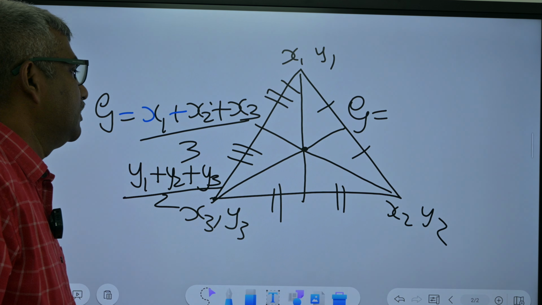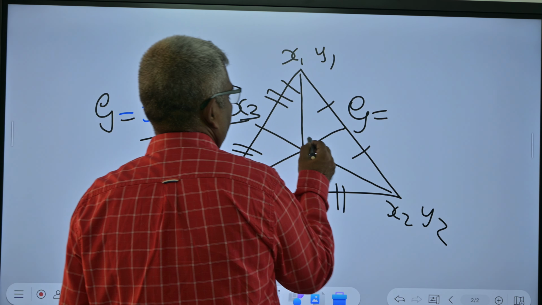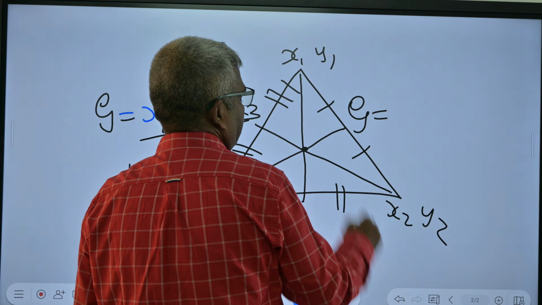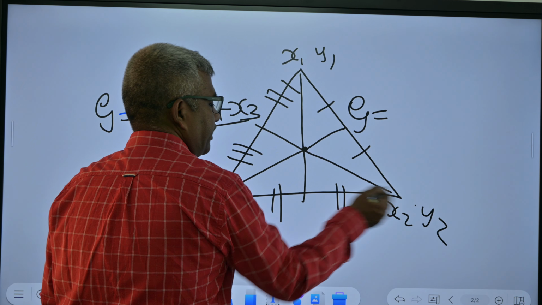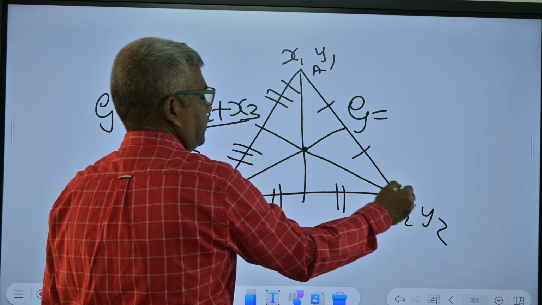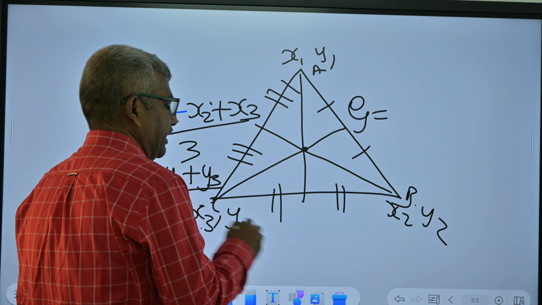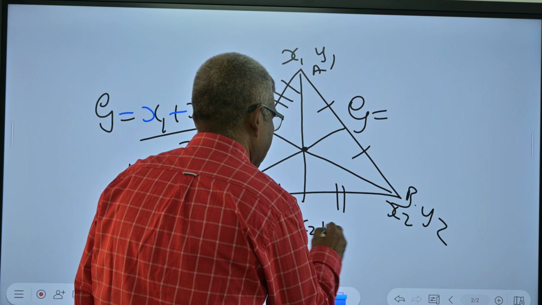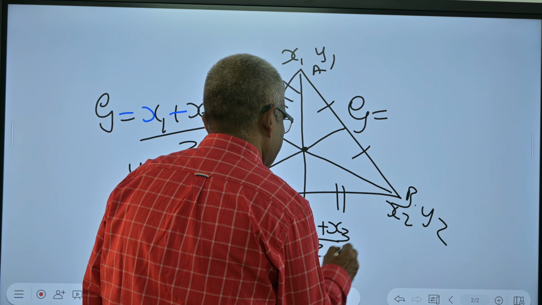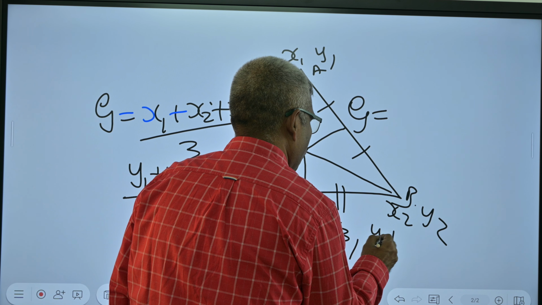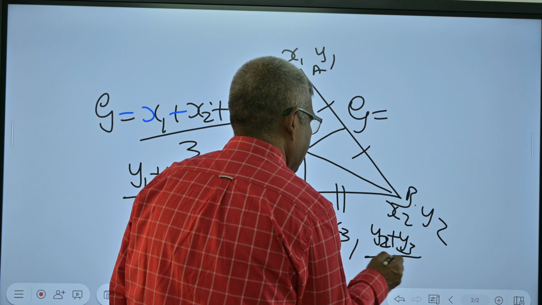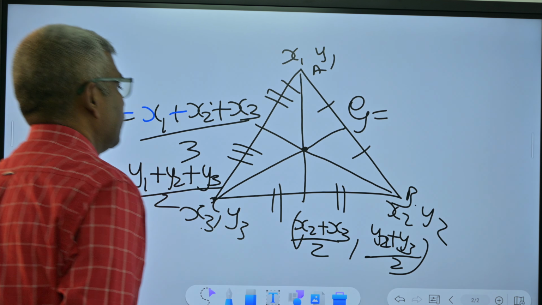How does x1 plus x2 plus x3 divided by 3, comma y1 plus y2 plus y3 divided by 3 come? Suppose this is A, B, C. What is the BC midpoint? x2 plus x3 divided by 2, y2 plus y3 divided by 2.